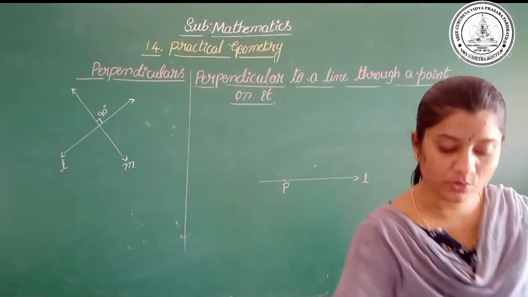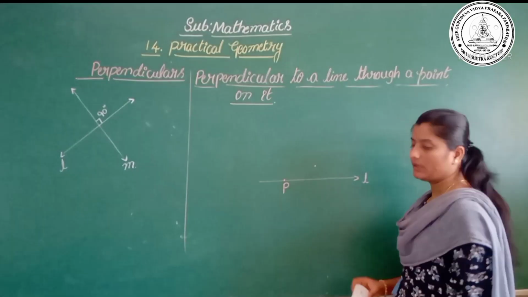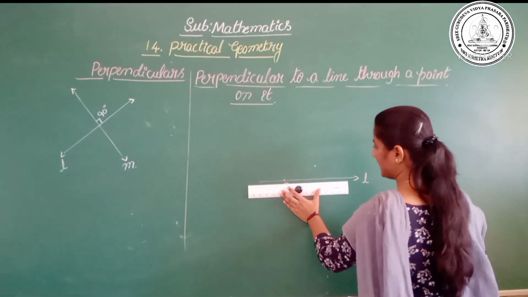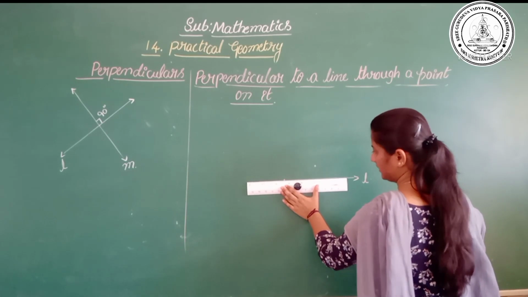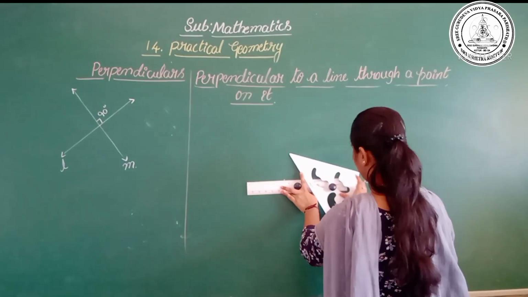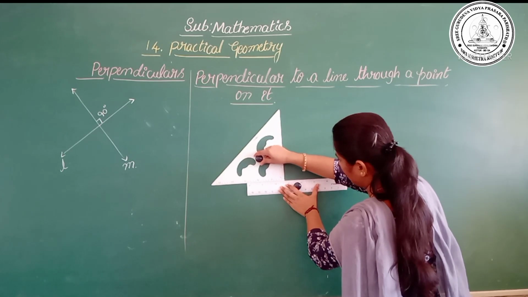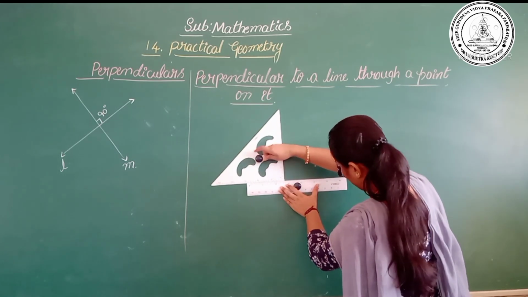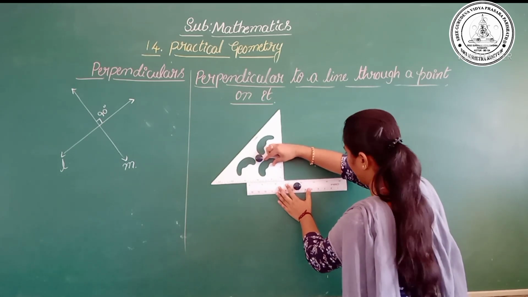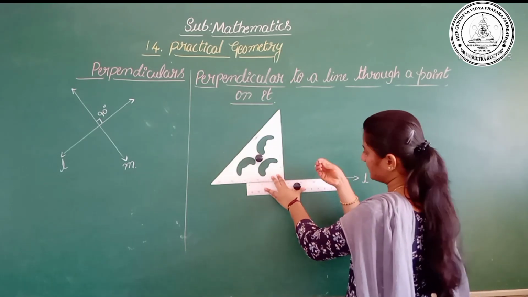Okay, so now I will use one of the set squares and a ruler. Okay, first we have to place the ruler along the line L, and hold this firmly, and then next we have to place the set square along the point P. So it is at the right angle.